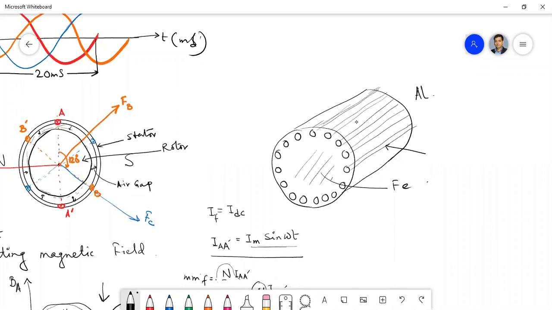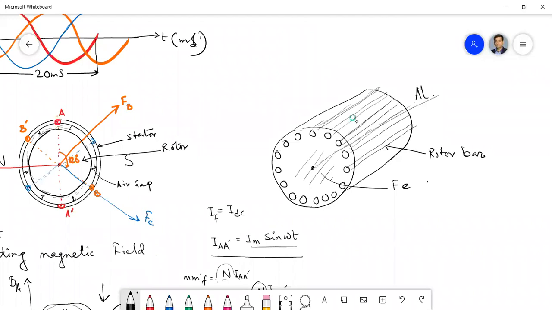Okay, so these are called the rotor bars. And remember, these rotor bars are not generally parallel to the axis. So that means if the axis is like this, now it is skewed.